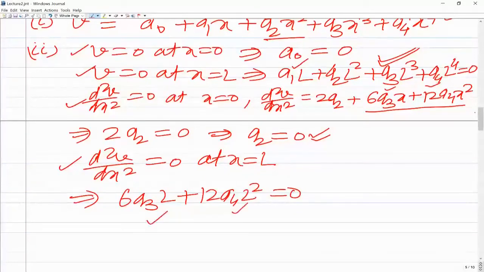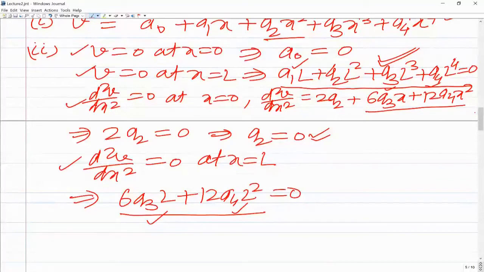So using these two equations, you can express a3 and a4 in terms of a1, and then you will get the approximate solution v, which will be in terms of the unknown constant a1 and, of course, a function of x. Then you substitute that in the differential equation, get the domain residual, and with a similar kind of minimization, you can get the constant a1, and therefore finally you have the approximate solution.